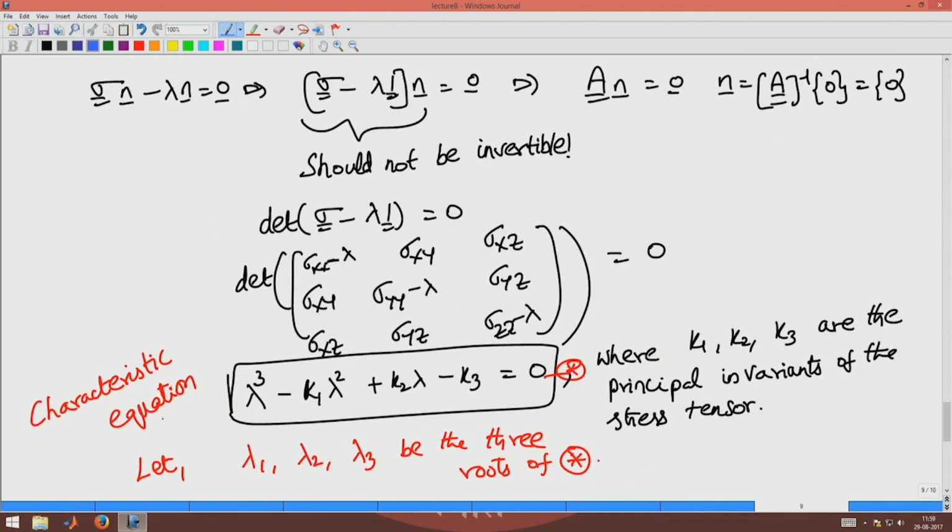So, in short, we saw what the characteristic equation is for a 3-dimensional state of stress. You will get 3 roots from this characteristic equation, which will be your lambda 1, lambda 2, lambda 3. In the case of plane stress, K3 is 0, so you will get sigma max, sigma min and 0 as the 3 roots for this characteristic equation for plane stress.